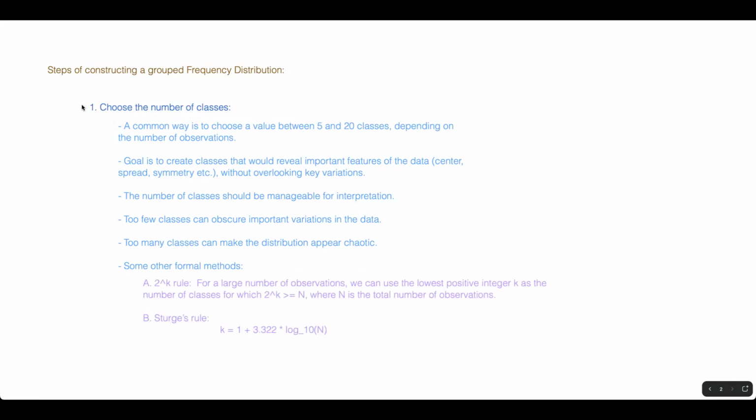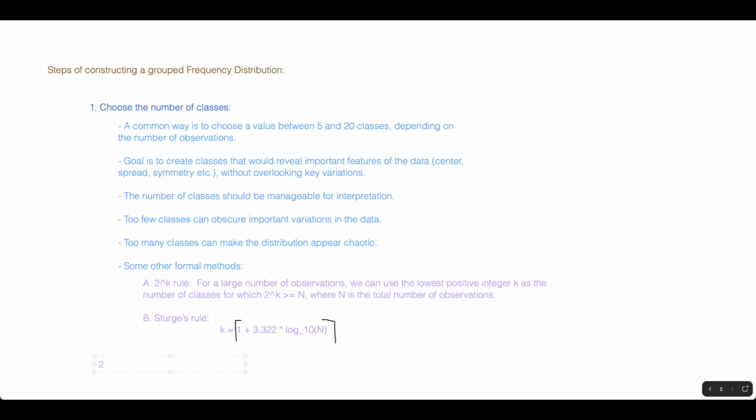If you take the ceiling of that number, you have to round it up. So that is how you choose the number of classes for a given problem to construct a group frequency distribution.